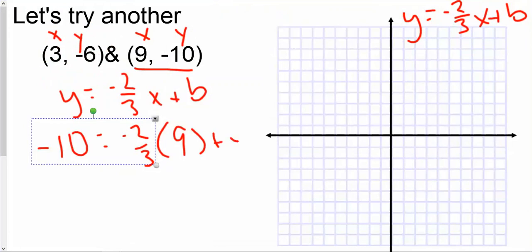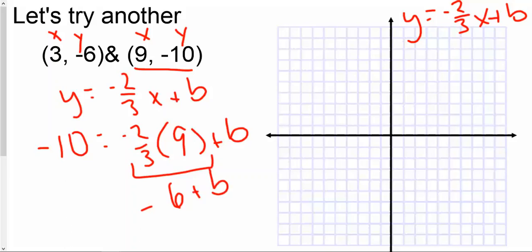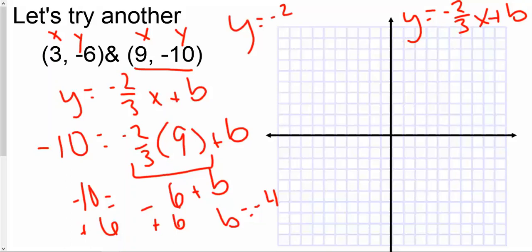And then we put plus b. All right, so what we're going to do next is simplify this down. And so that would become a -6 plus b is equal to -10. So I'll add 6 to both sides, which leaves me with b is -4. So y equals -2/3 x minus 4.